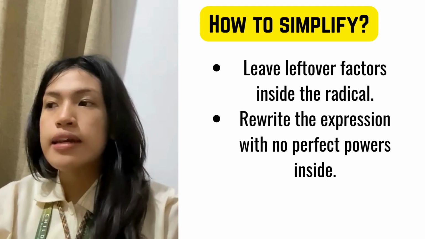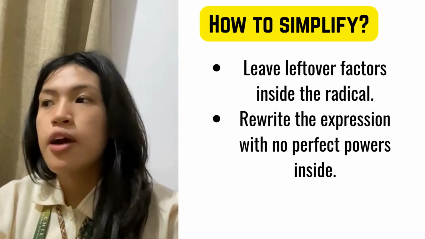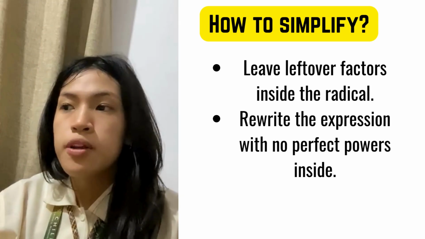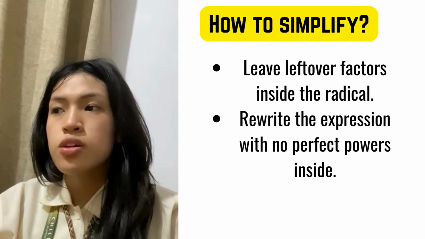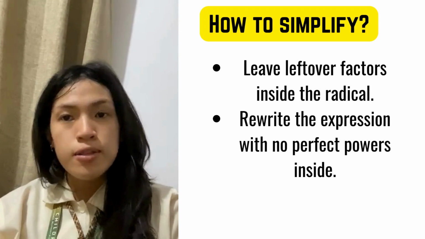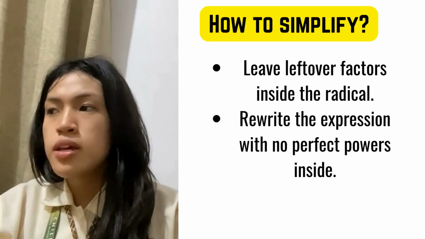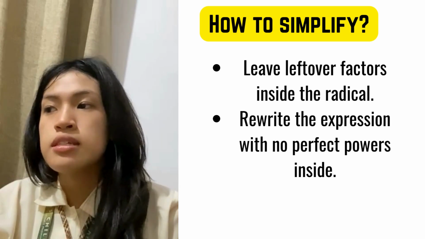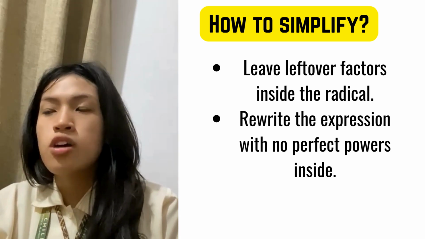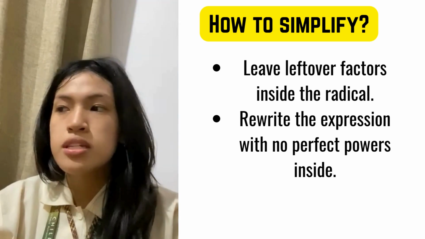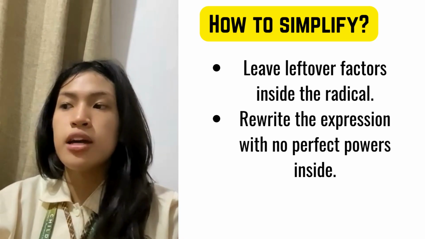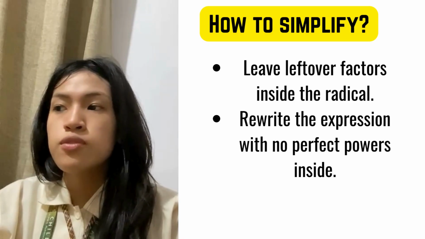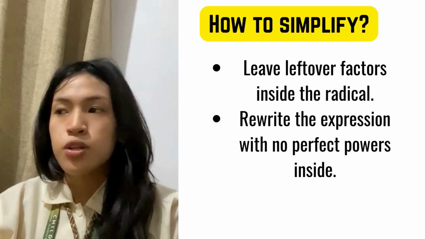Once the radicand is factored, we take out any perfect square or perfect cube and rewrite the expression with the simplified value outside the radical. Any remaining factors that do not form a perfect square or cube stay inside. This process often involves prime factorization, where repeated factors are grouped, pairs for square roots and triples for cube roots.